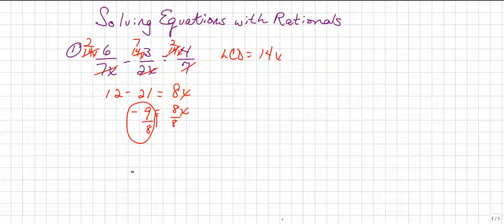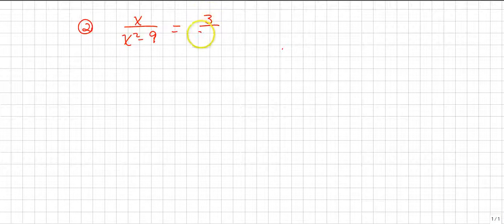Let's take a look at one that's a little bit different. I'll scroll down here for a new page. Example number 2, x over x squared minus 9 equals 3 over x minus 3. Again, there are several different ways to approach this problem, but I'm going to go with the same technique I used on the last one, and that is find the common denominator.